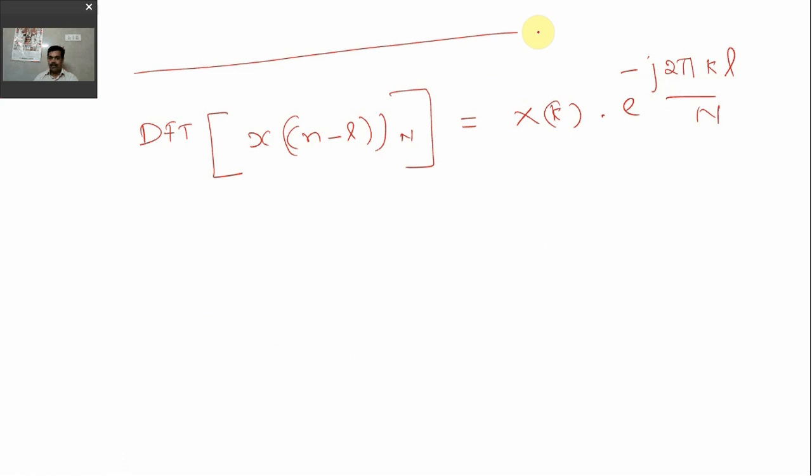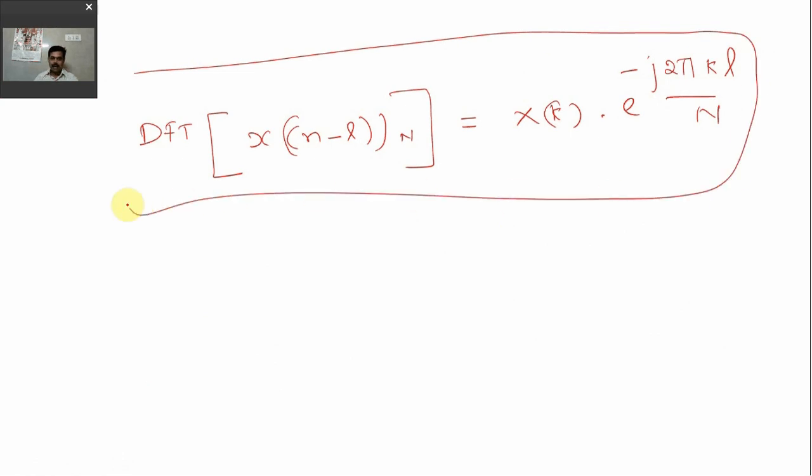So this is nothing but the circular time shift of a sequence, or circular time shifting property. Okay.